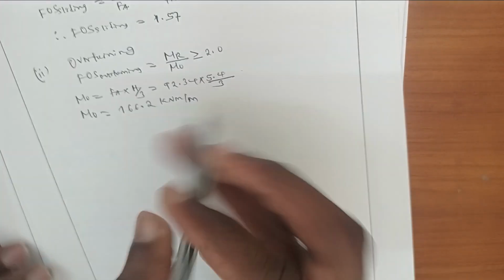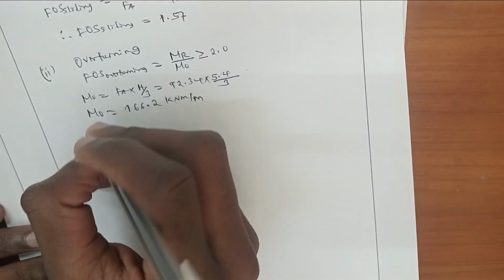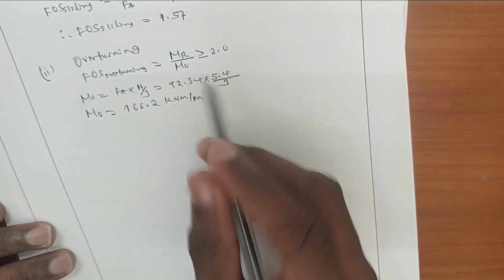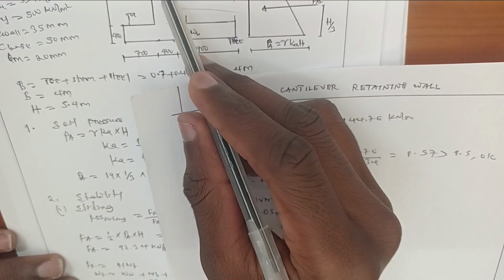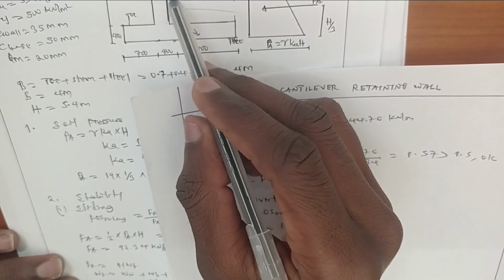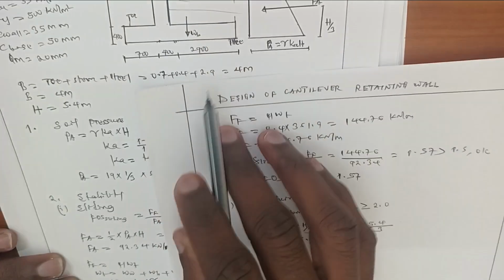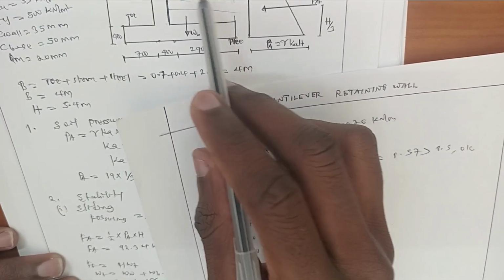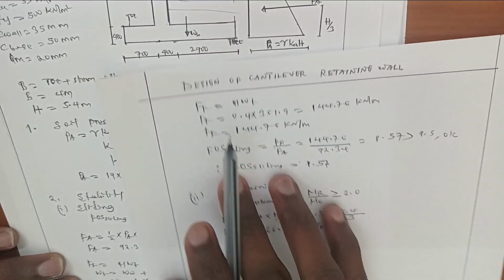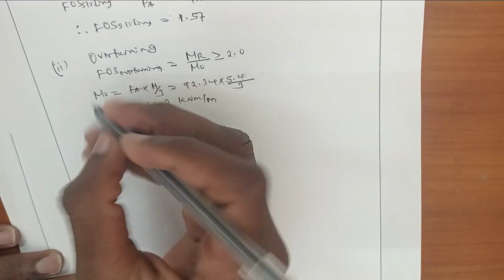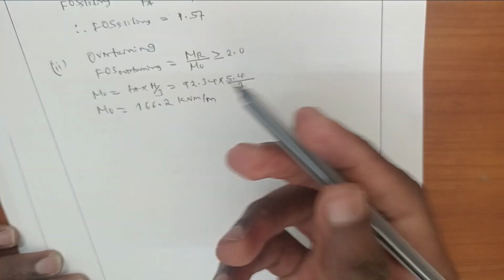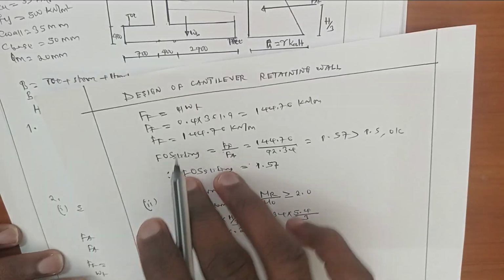Next, we determine the resistance moment. The resistance moment is due to the self weight of the stem, plus the weight of the base, plus the weight of soil on the heel slab.